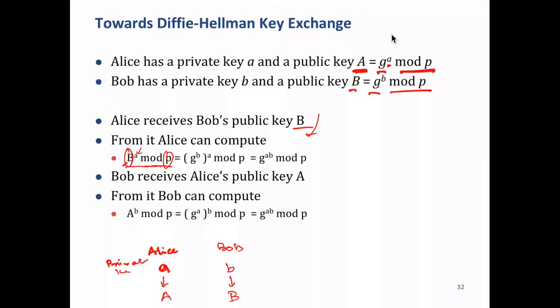Now you derive it further, then you can find out that B is nothing but G raised to the power b, and then she does B raised to the power a, it becomes G raised to the power b raised to the power a mod P, which becomes G raised to the power ab mod P.